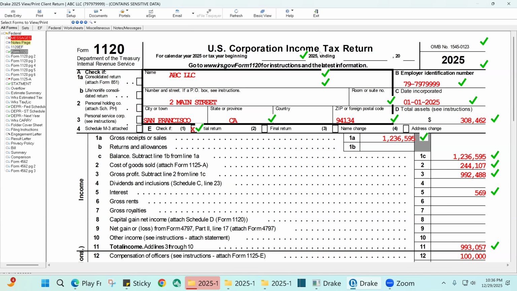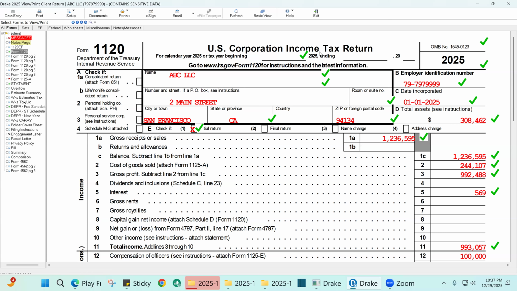Now, all corporations, when they first set up, are set up as a C corporation. The corporation is incorporated in each and every state. And then if you would like to elect to be an S corporation, you need to file Form 2553 and send it to the IRS.